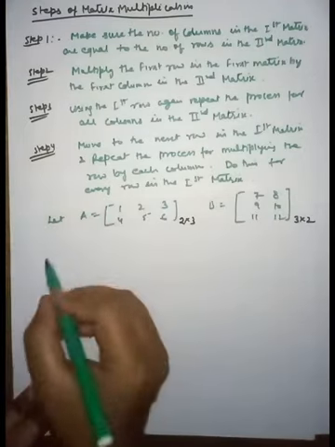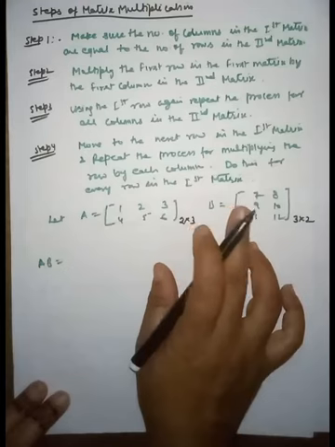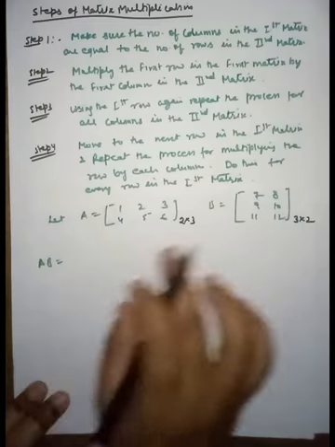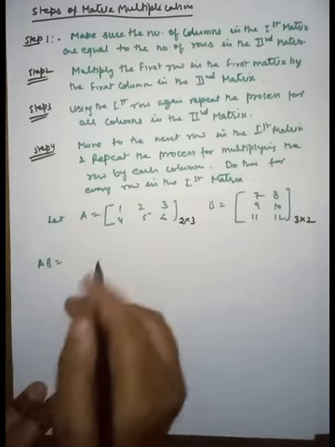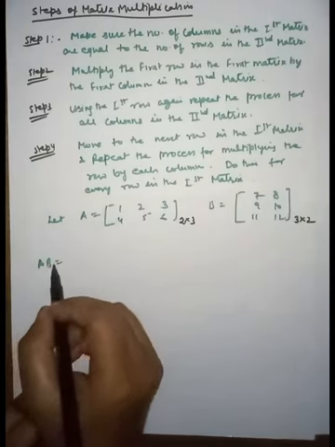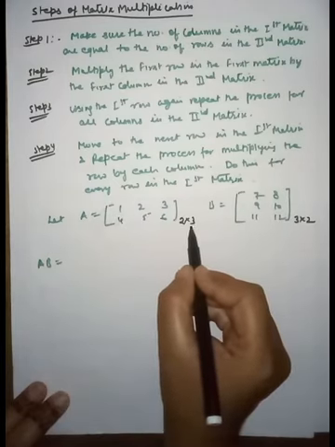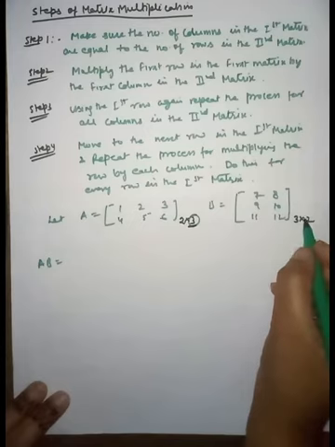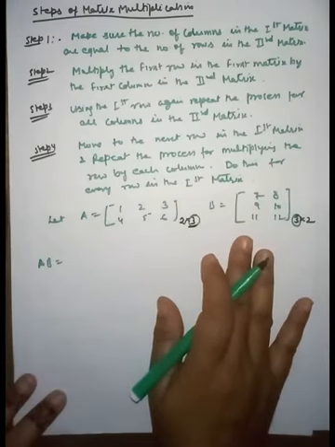So here you see friends, if we find AB, your first matrix is A and B is your second matrix. Suppose if you find BA, your first matrix is B and second matrix is A. So here we find AB, so take first matrix A. The number of columns of the first matrix must be equal to the number of rows of the second matrix, right?